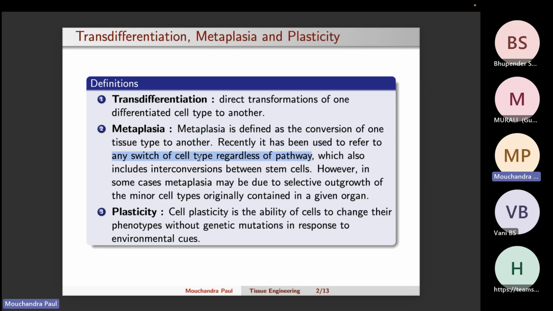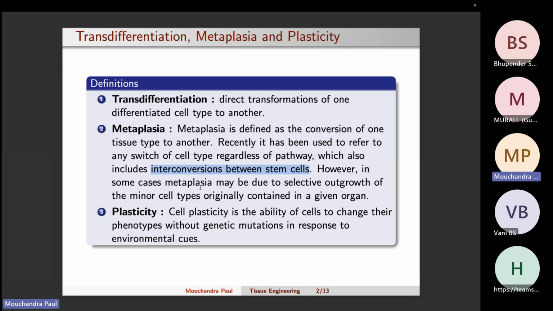So the cell type is changing, and this term is used very broadly to define any type of cell type change. It also includes interconversions between stem cells, so one type of stem cell can change and become another type of stem cell.